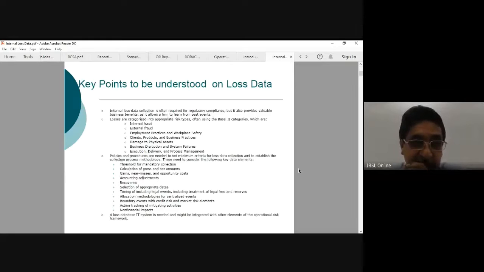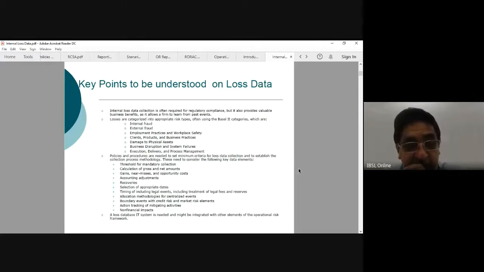Now, these are the key points. In the key points, the categorization is given with regard to the risk types: internal fraud, external fraud, employment practices and workplace safety, clients, products and business practices, damage to physical assets, business disruption and system failures, execution, delivery, and process management.